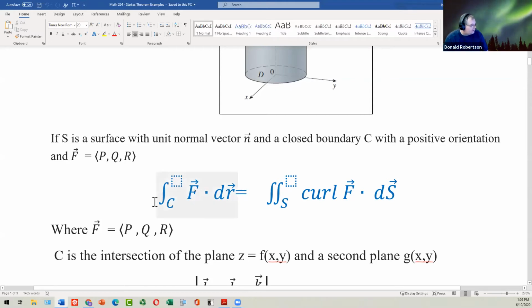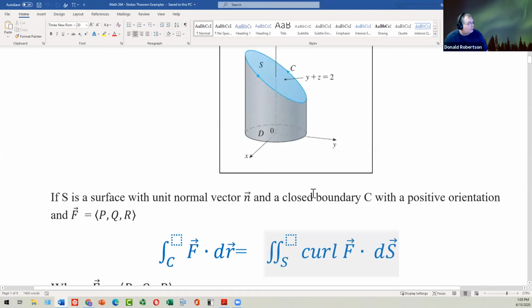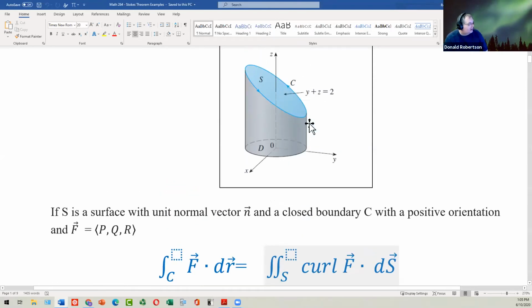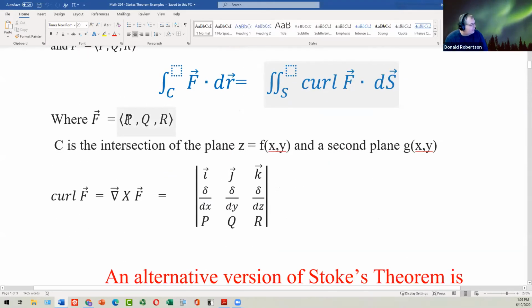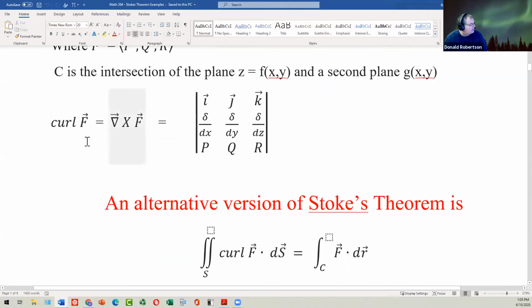Well, Stokes' theorem says that this integral can turn into a surface integral over the surface S. So you have a line integral which is the boundary of S, S is the inside, the surface, and this line integral can be found by finding the surface integral of the curl of F dS. F is going to be called P, Q, R. The curl of F is this fella here.